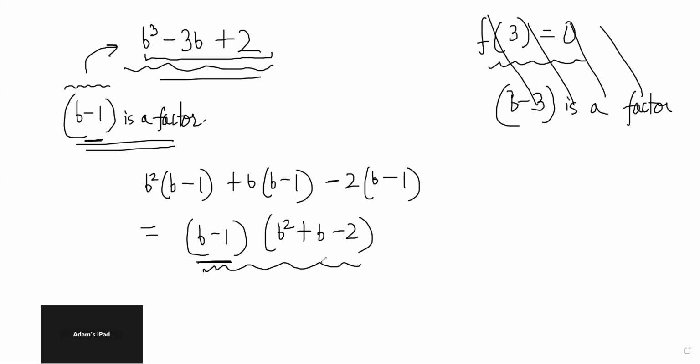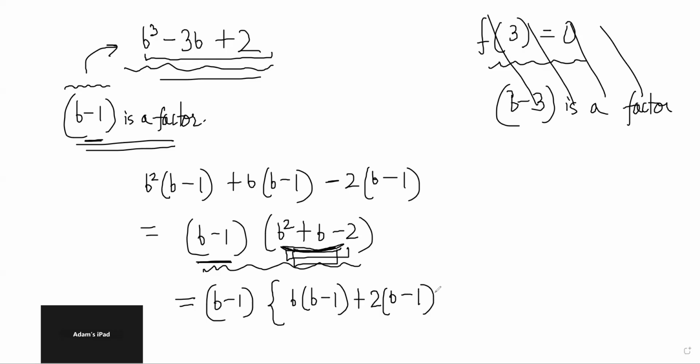Now this part inside can also be further factorized. For example, if you put 1 here for b, see again it is becoming 0. So that tells me that there is another b minus 1 coming from here, no? So I'll get b minus 1. And when I divide this by b minus 1, I will get b into b minus 1 plus 2b minus 1.